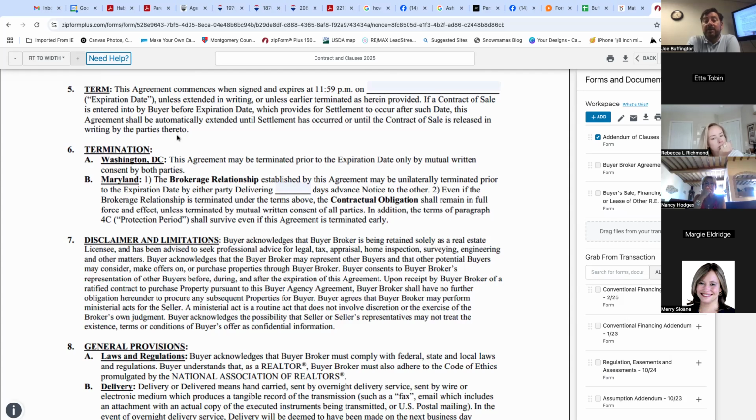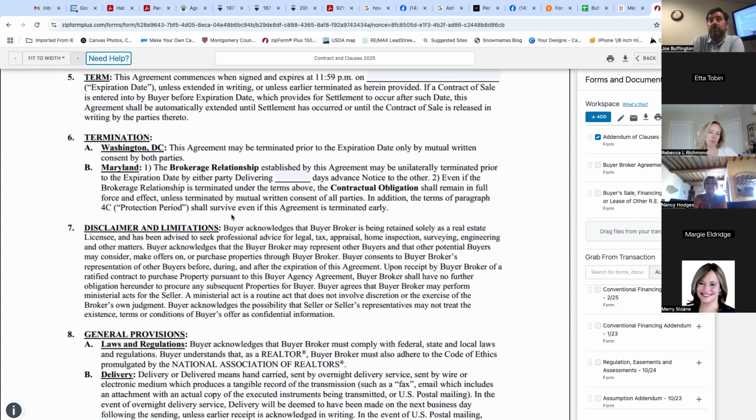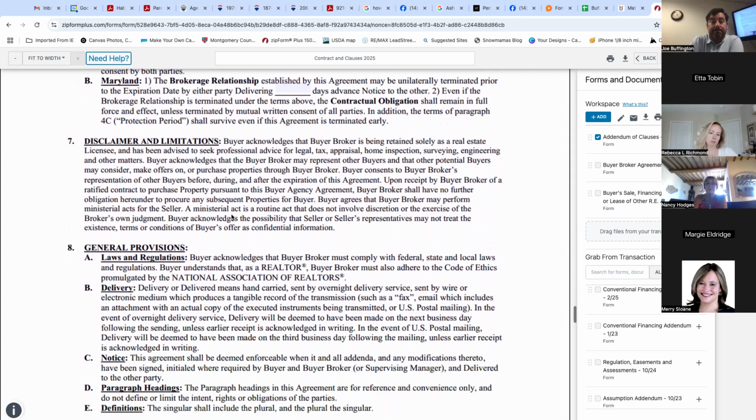But they must have a mutual release of the contractual obligation under the terms of this contract. So that's the part. Again, in Maryland, we have 2 types of relationships.